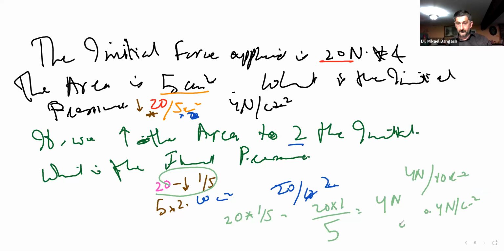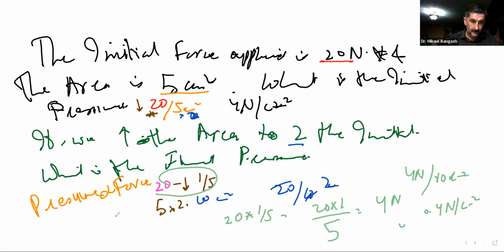But the bottom line is, it's all dependent upon how much the force increases or changes, and how much the area changes. Hopefully that's information you'll find in the question.